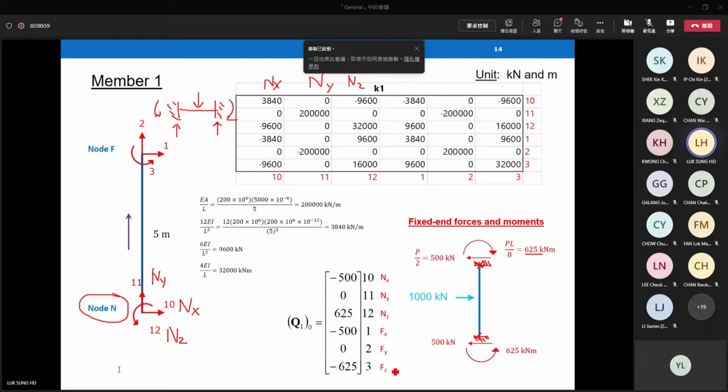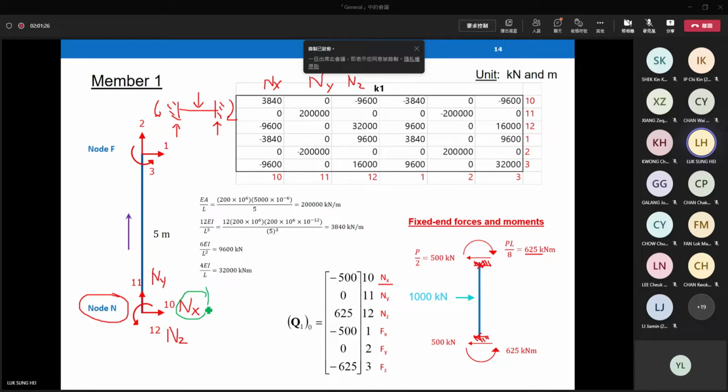When you consider a vertical member, you have to pay great attention because the arrangement will be slightly different from a horizontal member. Here we start from nx direction. Nx is the horizontal direction at node n, the bottom node.